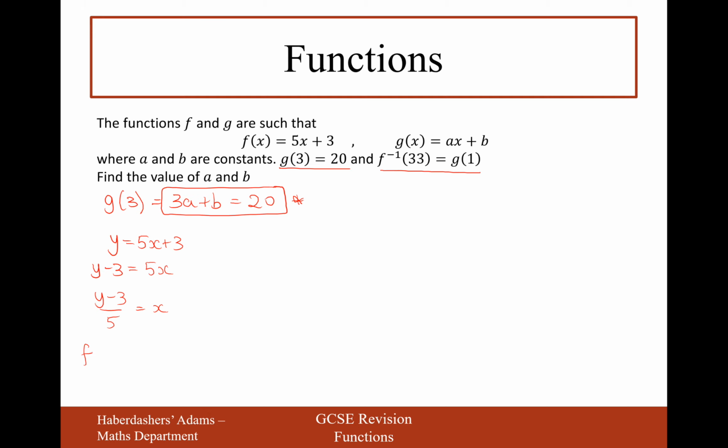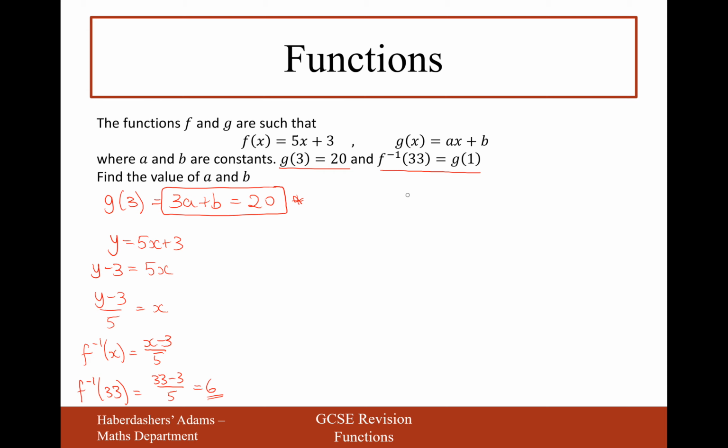So the inverse function for f is x minus 3 over 5. So therefore the inverse function with 33 put into it is going to be 33 minus 3 over 5 equals 6.